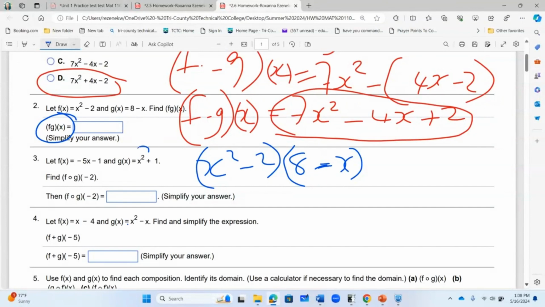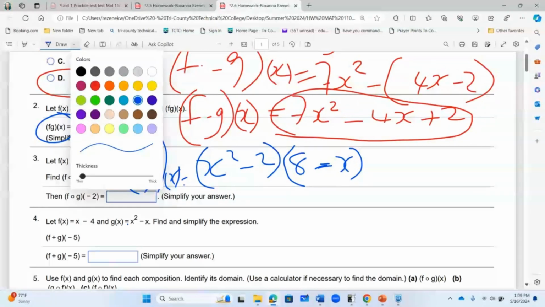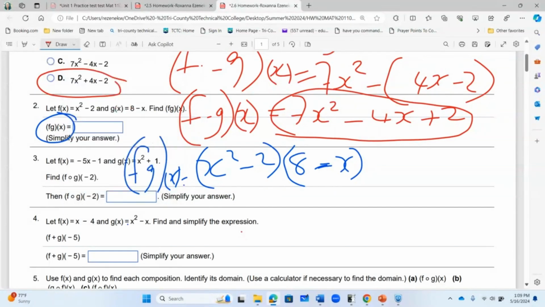All right, so f multiply g of x equals, so I'm foiling, let me use red. x squared multiply 8, x squared multiply negative x, negative 2 multiply.